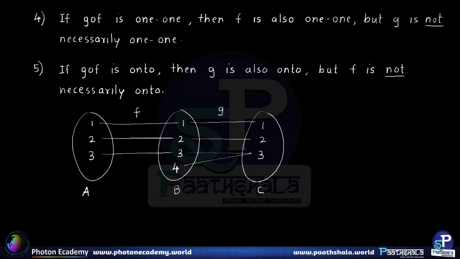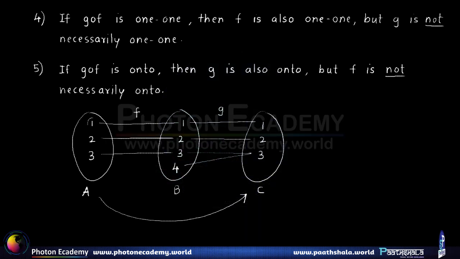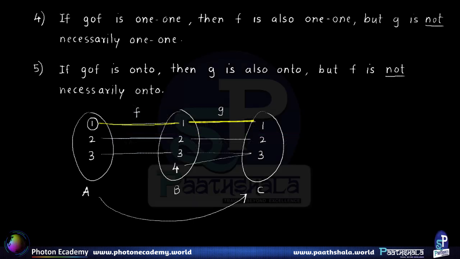If we consider the composite function from A to C, it will definitely be a 1-1 function, because each element in the first set will lead us to a value in the last set. There are no two elements in the first set which lead to the same value. We can literally trace the paths and confirm this. So the composite function g of f is 1-1. This is the example we are taking.